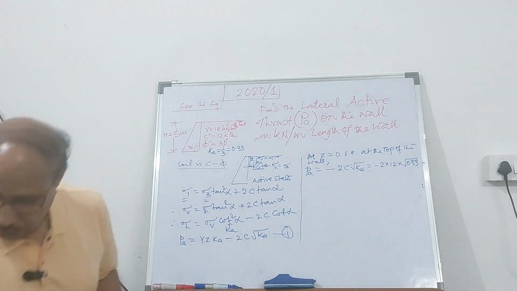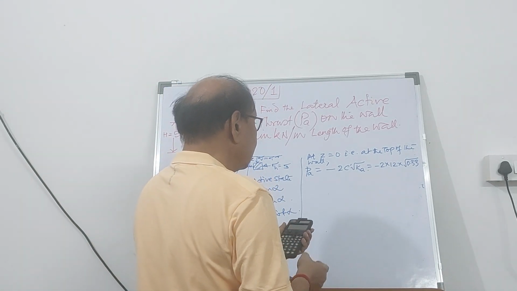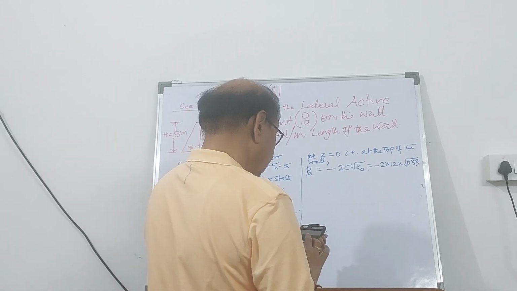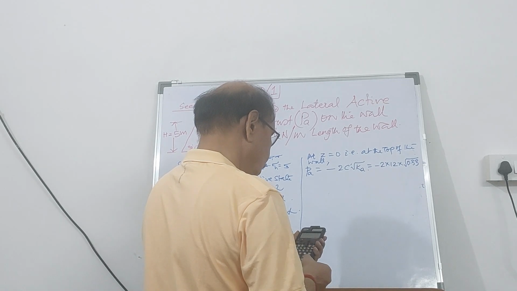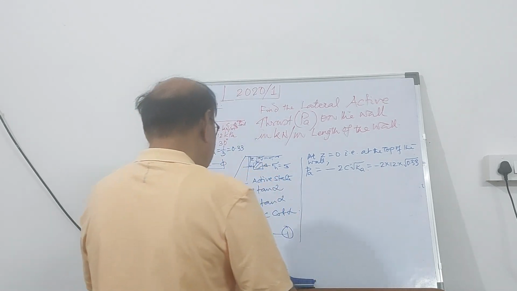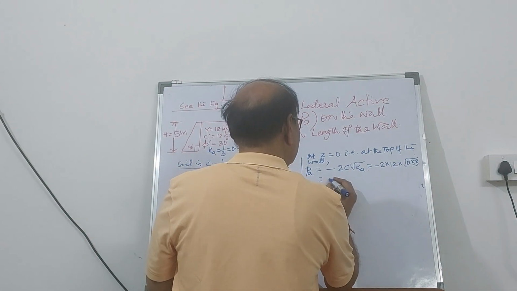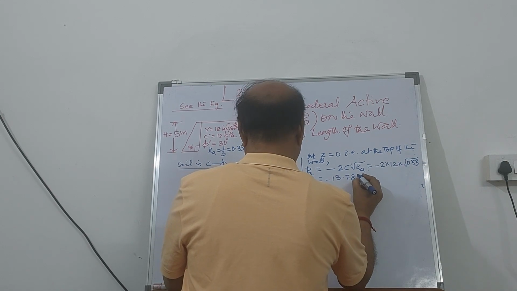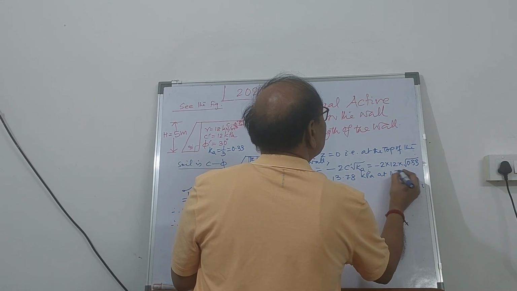So take the calculator, and that is 13.78. So PA equal to minus 13.78 kilopascal at the top.